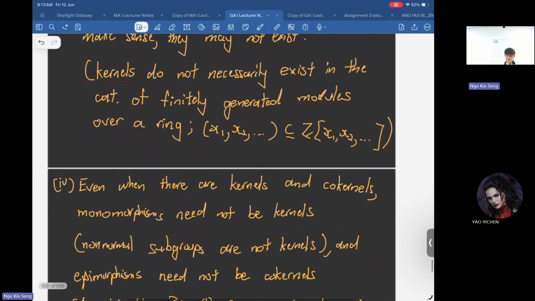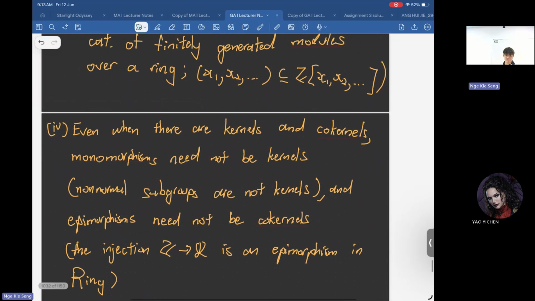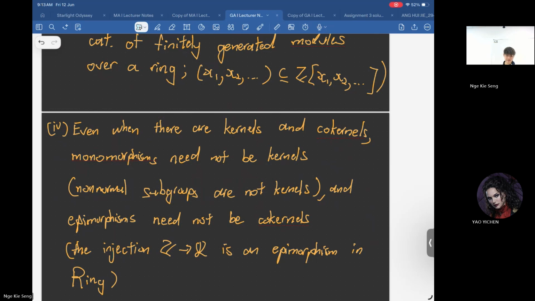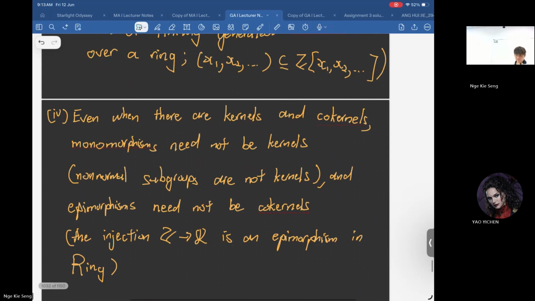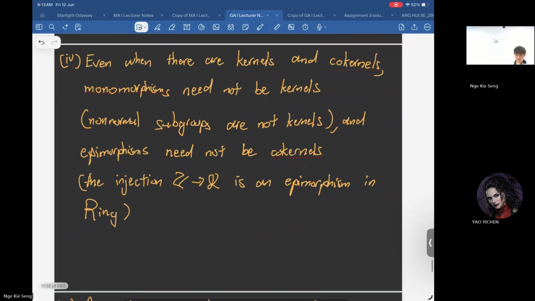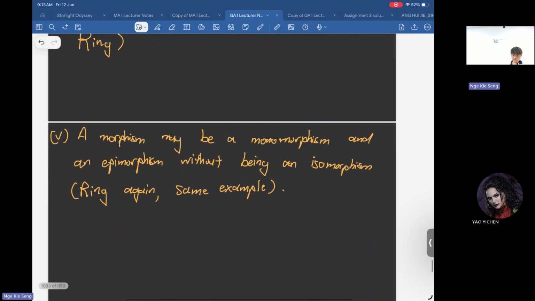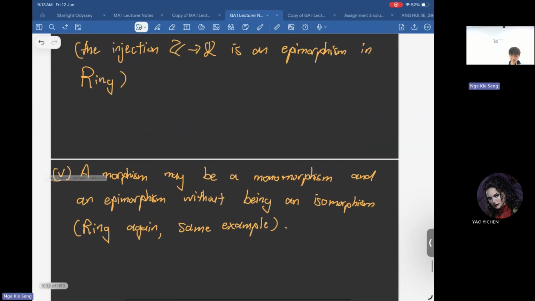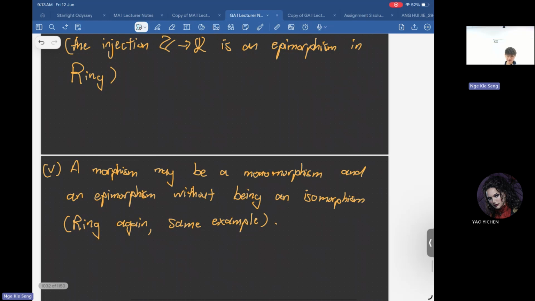Even when they are kernels and co-kernels, a monomorphism might not be a kernel, and an epimorphism might not be a co-kernel. And a morphism may not be a monomorphism. A morphism can be both monomorphism and epimorphism, but not an isomorphism.